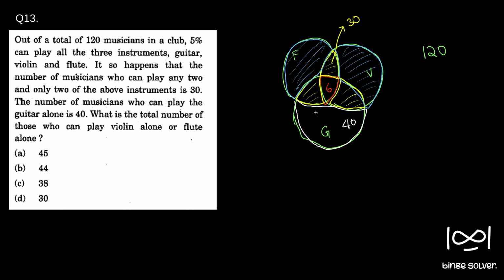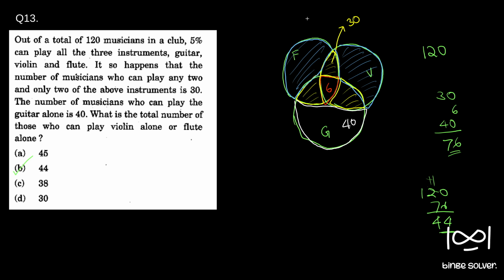So if you subtract all the other regions, that is 30 plus 6 plus 40, from 120, you will get the blue region. It is evident from the figure, right? 30 plus 6 plus 40 is 76, and 120 minus 76 is 44. So the answer is B, 44.